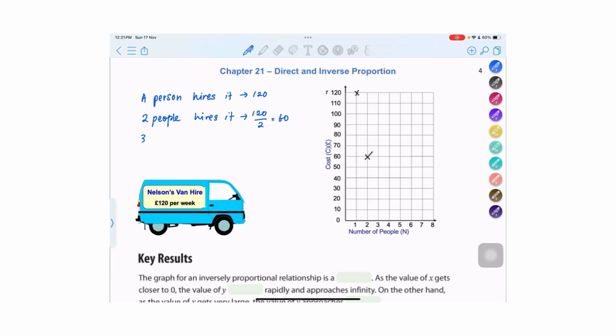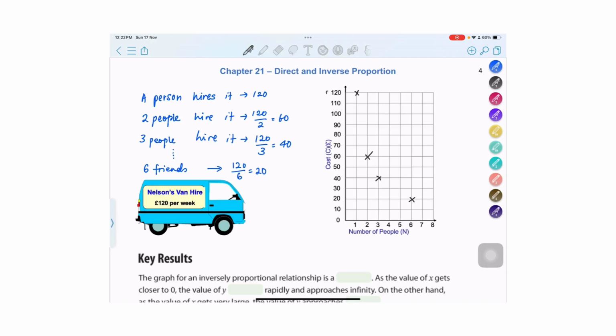Now, how about three people? When three people hire, we take 120 divided by 3, and we get 40. Looking at the graph, if we continue, let's say six friends are planning to hire, how much will each of them need to pay? They only need to pay $20.